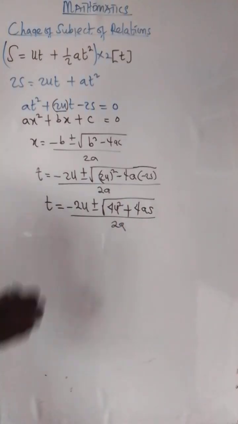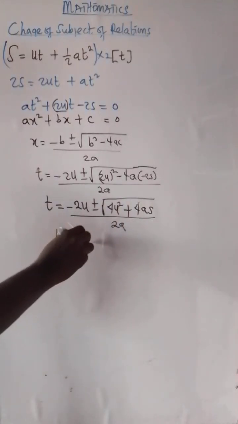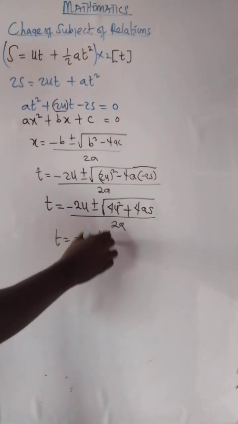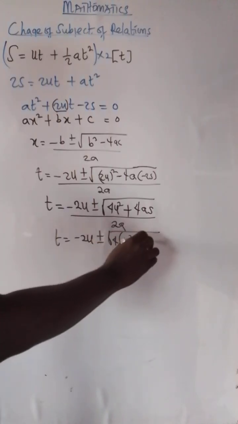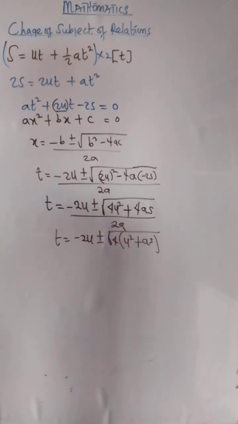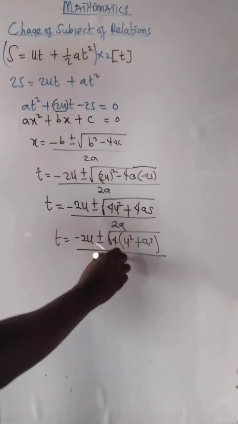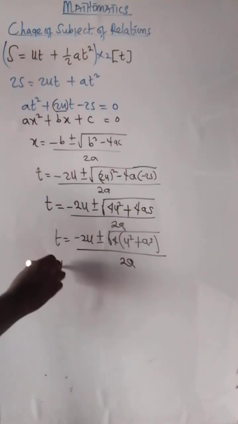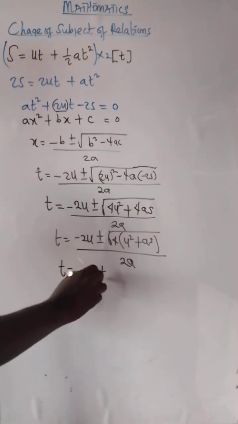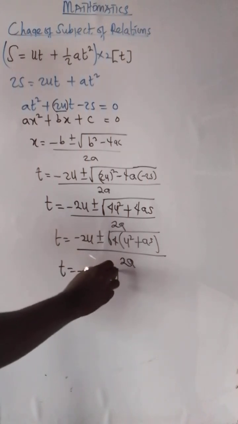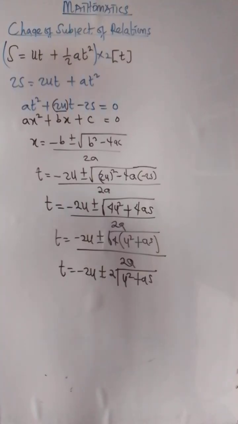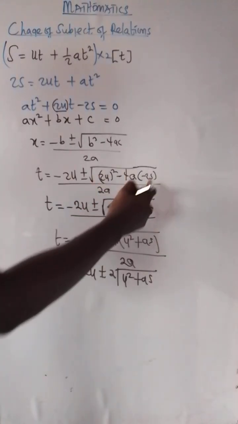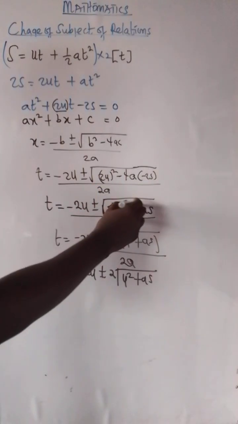We are not done because 4 is still common inside the square root. Plus or minus, we take out root 4 and bracket u squared plus as, divided by 2a. So our t equals minus 2u plus or minus the square root of 4, that's 2, times root of u squared plus as. Oh, there is a mistake. 4 times 2 is 8, so this is 8.